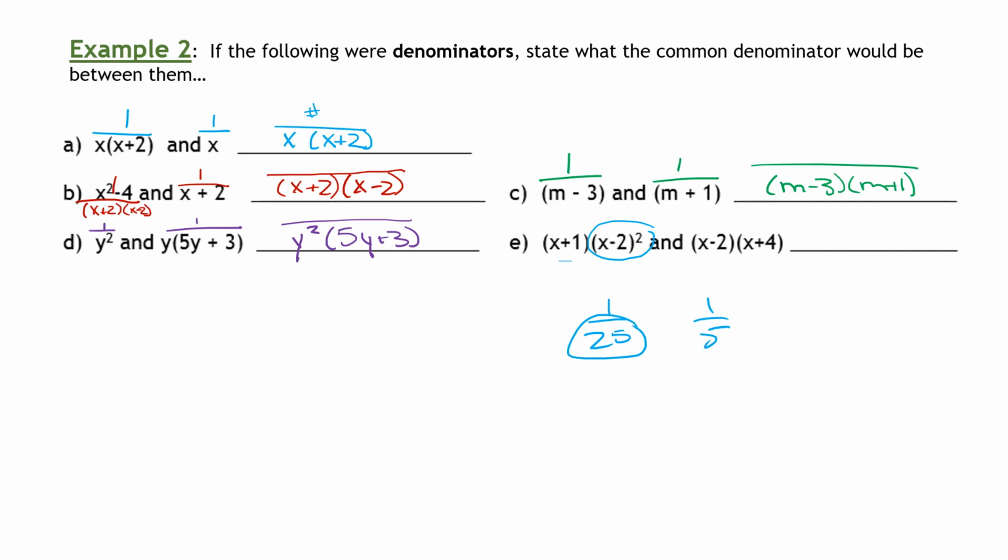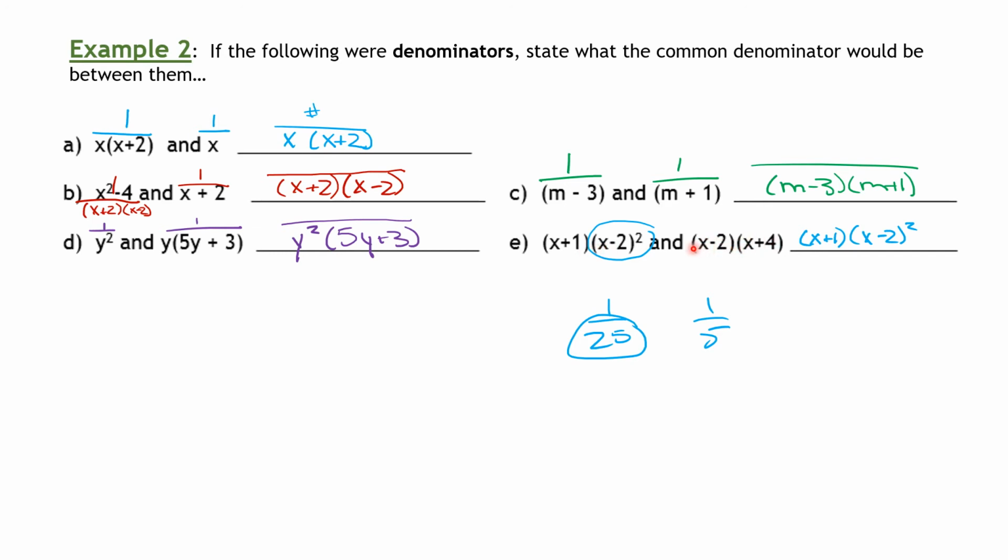So first let me write down, we already said we need the x plus 1. That needs to be in both. Now let's look at the x minus 2 squared. That needs to be in both because the other one only has one x minus 2. It's going to need 2 of them. X minus 2 squared. So we've got everything from the first set. I've got all those denominators.